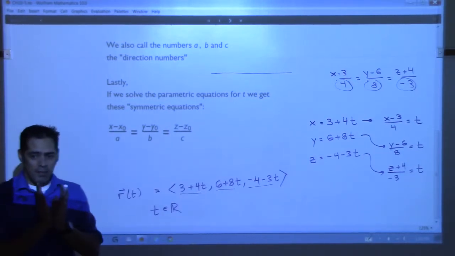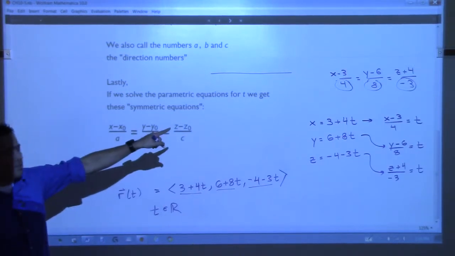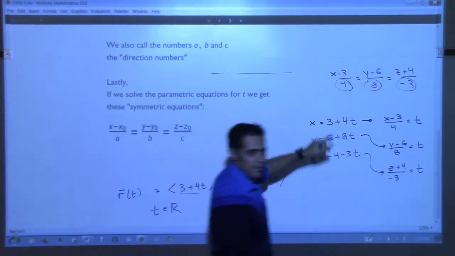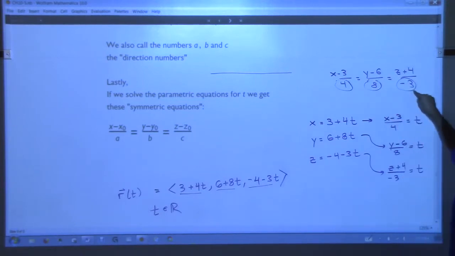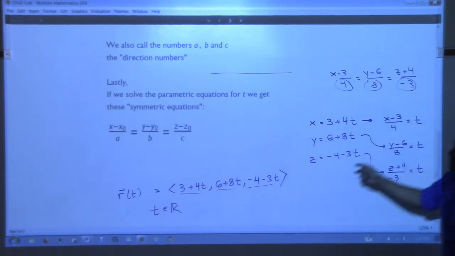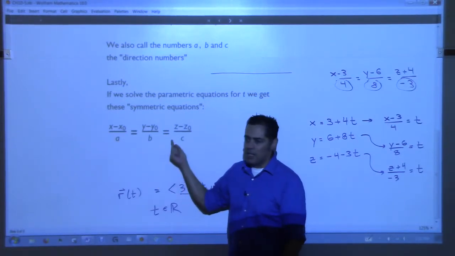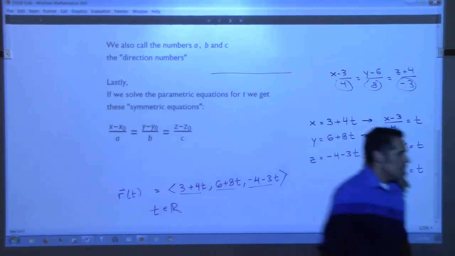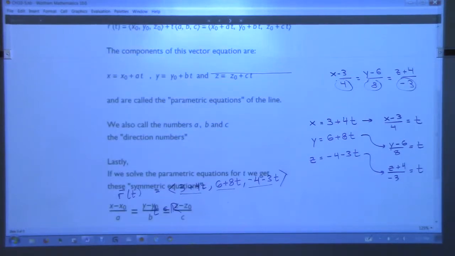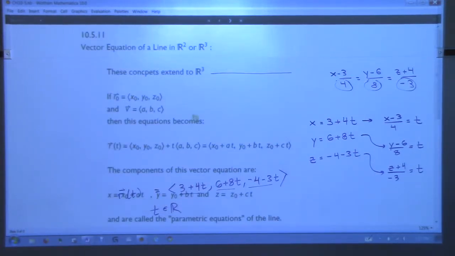Remember the direction vector v? Those are the components of v, and they will always be the components of v. The denominator here will always be the components of v. And you can kind of see it here. I call it ABC in the notes. So if I scroll up, when I define v, here it is, v.